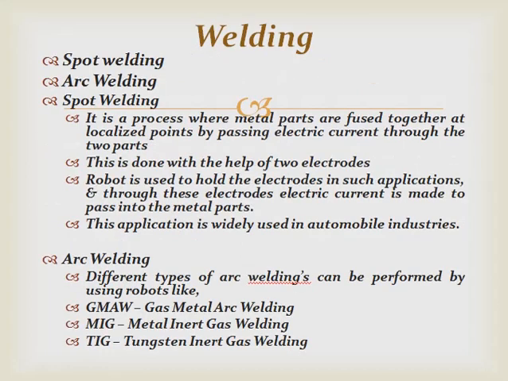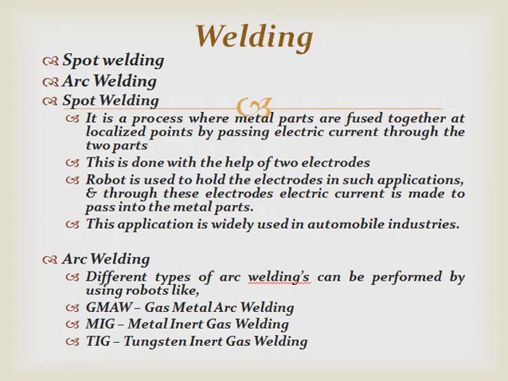Now in welding, again, a robot has different applications as well as advantages. As we discussed, it is very difficult for a normal worker to work in complicated areas. In welding we have a variety of types, either spot welding or arc welding, where you can find this difficulty.